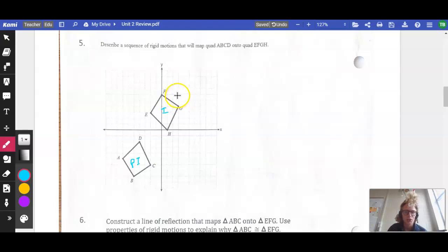First step is to do a translation and map a pre-image point onto its image. Well, thinking about this, let's see our first pair, A and E. If I take A and I take this whole shape and drag it up here on top of that, let's take a look and see what that would look like. I want to pause the video.